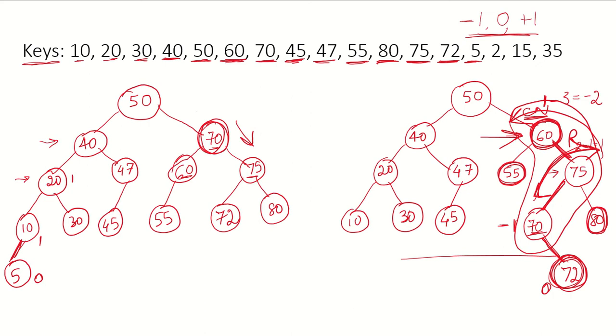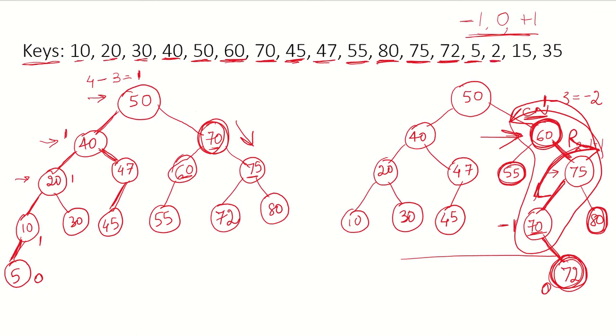This will have a balance factor of 1, 2, 3 minus 2, so again 1. This will have a balance factor of 1, 2, 3, 4 minus 3, so it is also 1. So currently the tree is balanced.